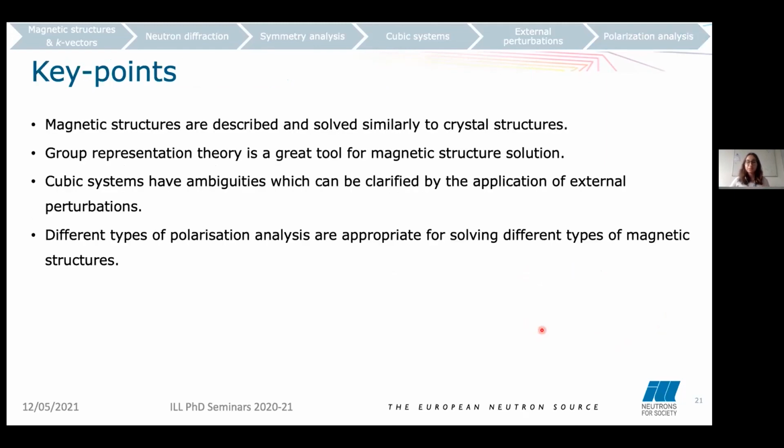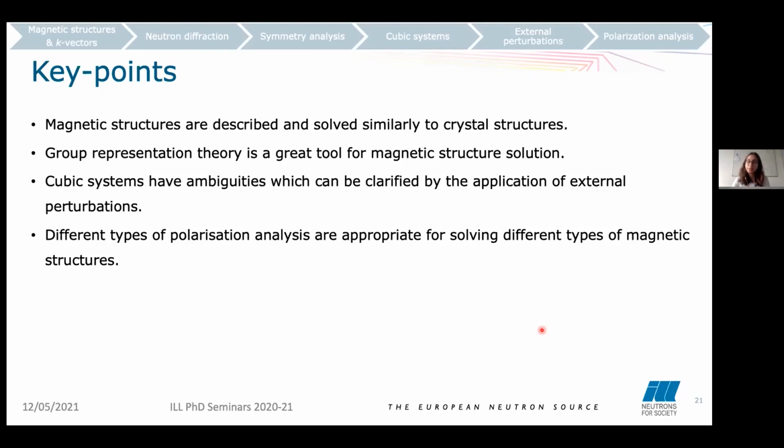So this was a lot of information, but basically what I told you today was that magnetic structures are described and solved in a very similar manner to crystal structures. Group theory sounds very hard, but representational analysis is an amazing tool to solve magnetic structures. We looked a bit at cubic systems and what kind of ambiguities may arise, and how it's necessary to apply some kind of external perturbation to clarify these ambiguities.